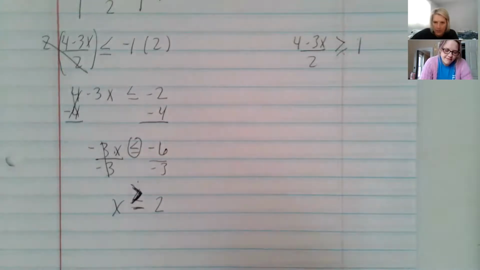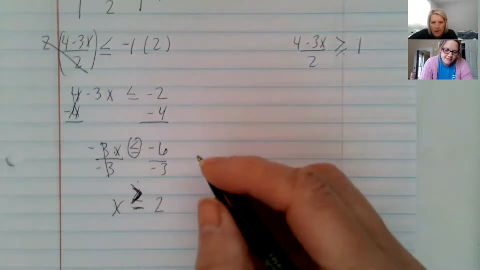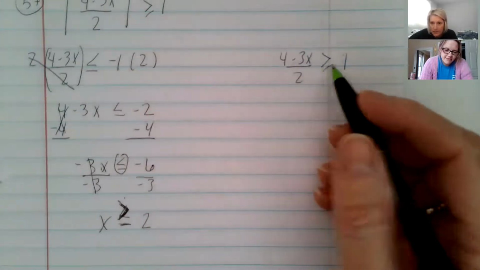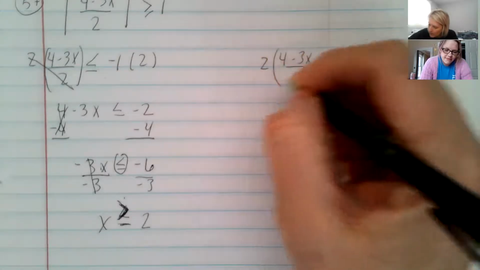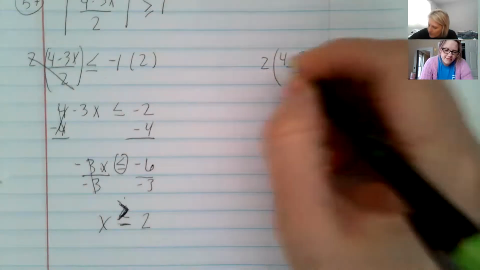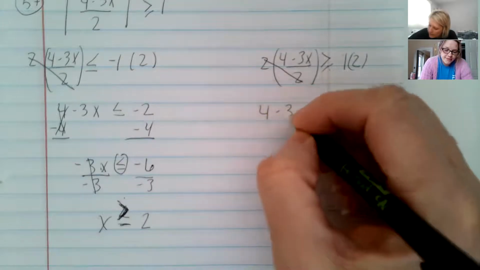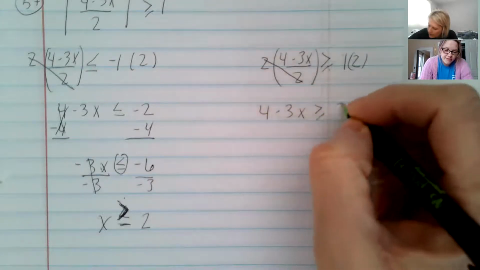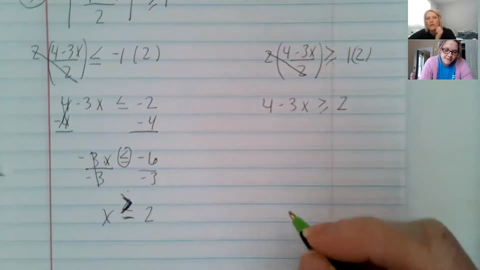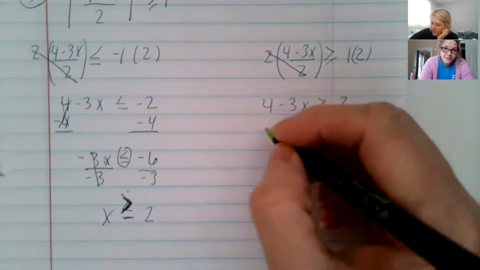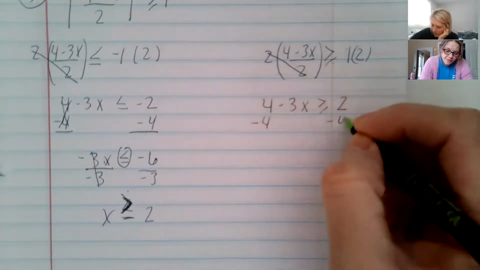Okay, are you with me on that? Then on the right hand side, we're going to do similar solving steps. It's a different inequality. So we're going to multiply through by 2. That cancels. And we have 4 minus 3x greater than or equal to 2. Again, subtracting 4.